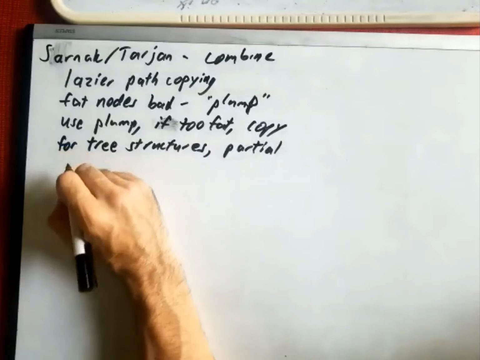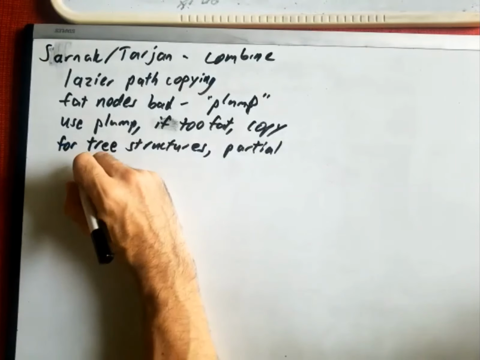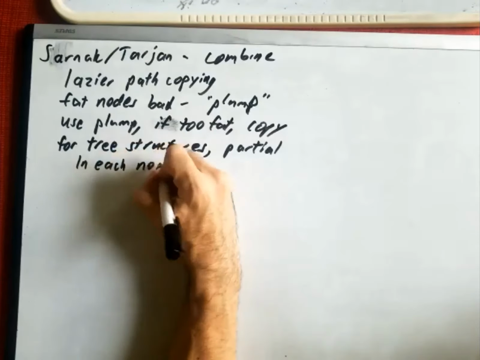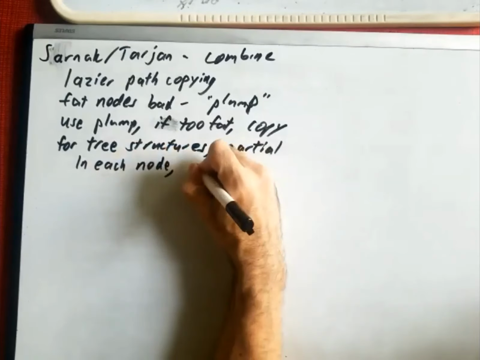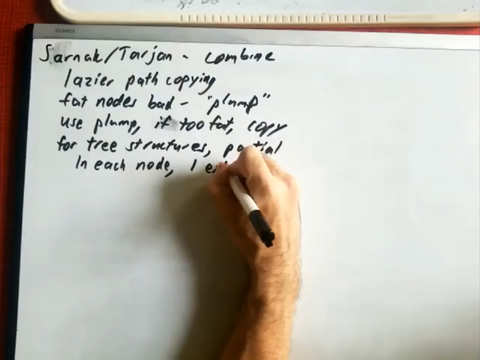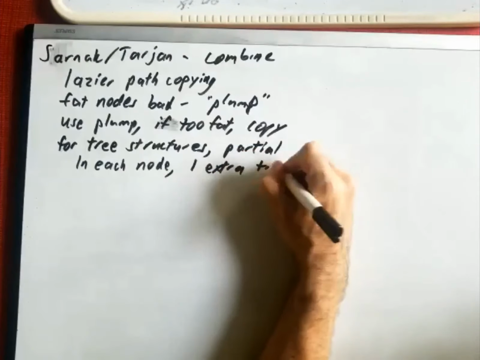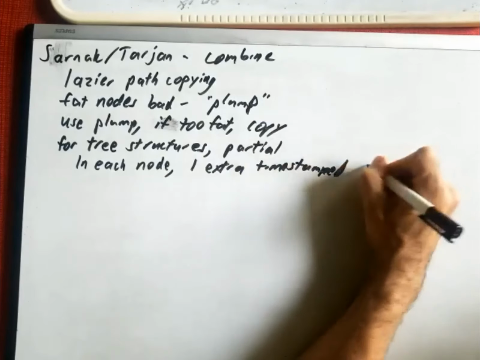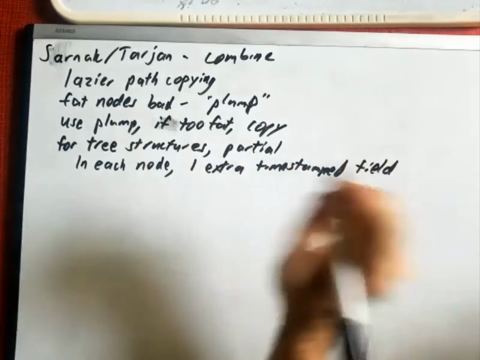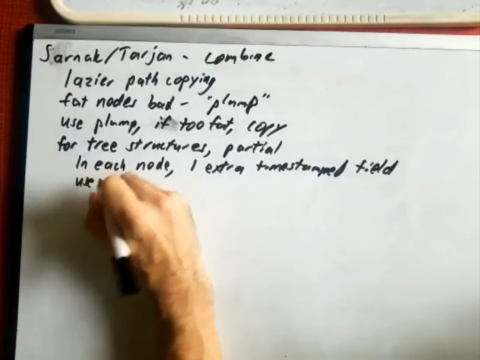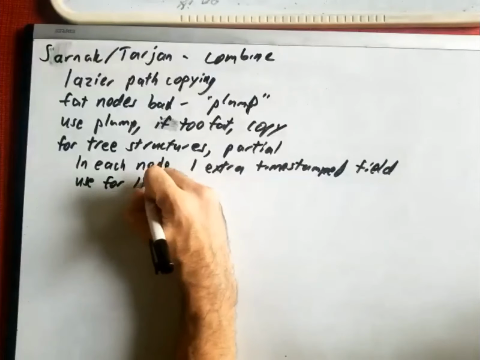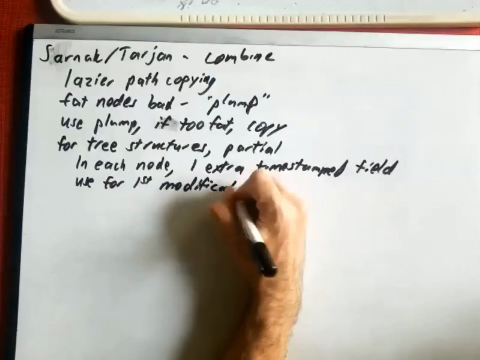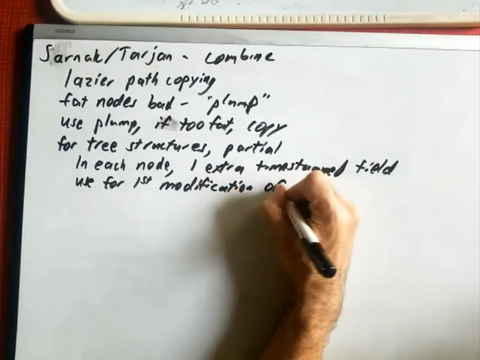So their idea for tree structures is in each node, we will make room for one extra time-stamped field. And we will use it for the first modification of the node.